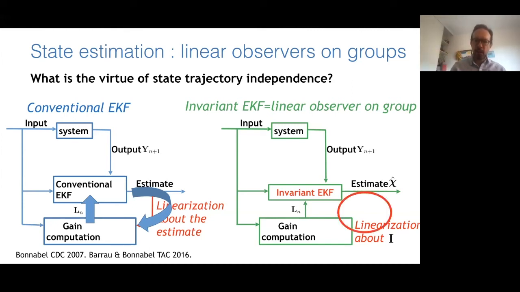Whereas in the invariant EKF case, you linearize always about the same point, the identity. So whether the error is very large or whether it's small, the gain isn't changed.